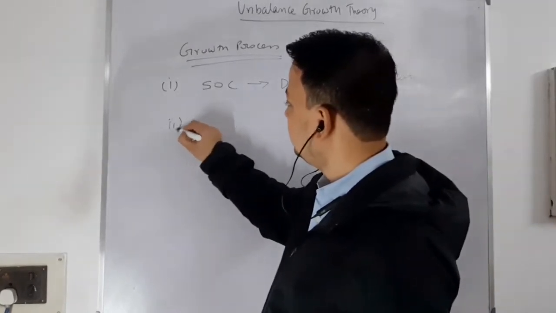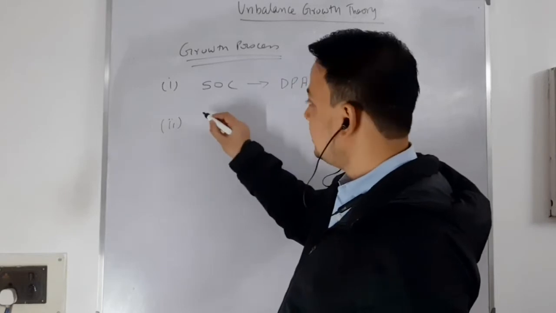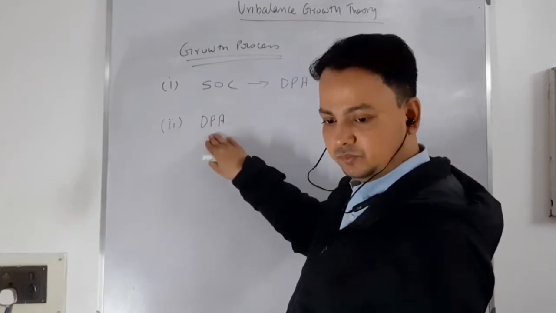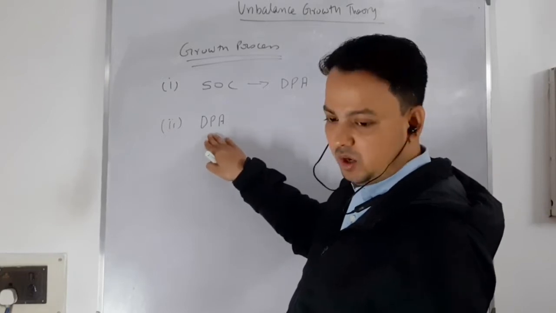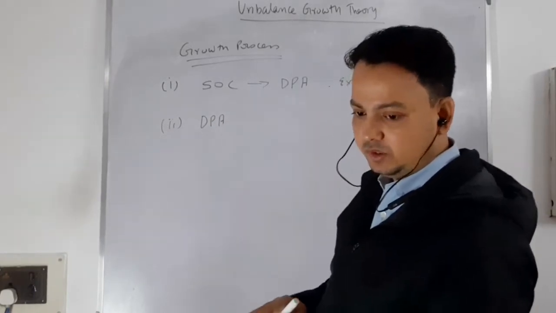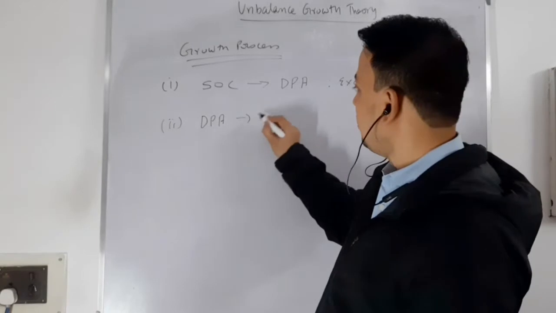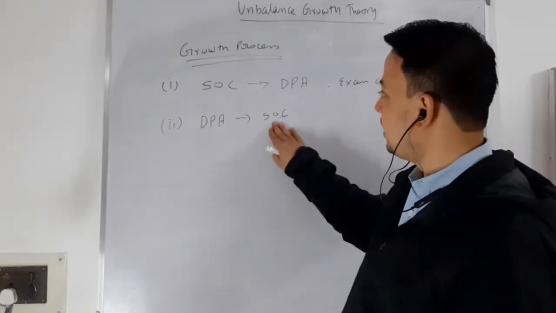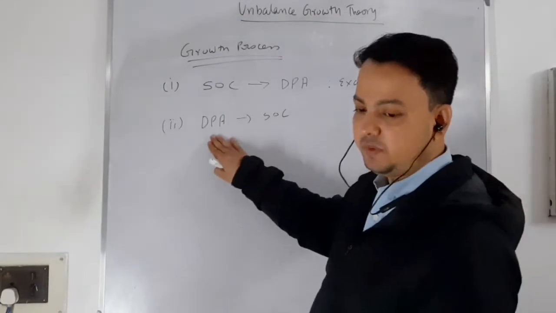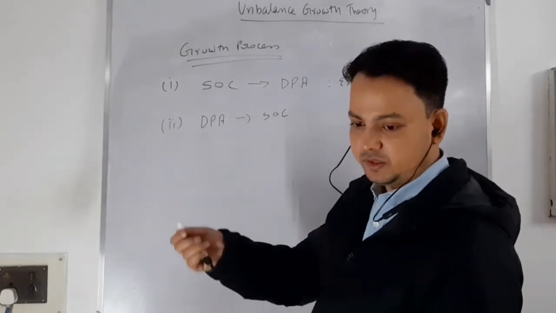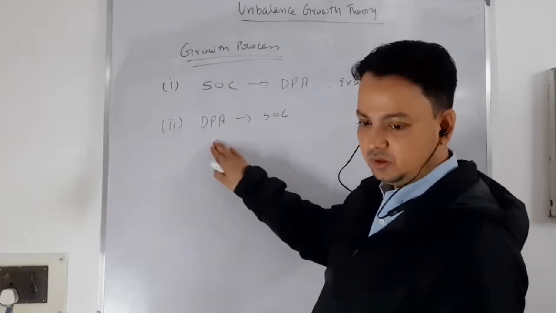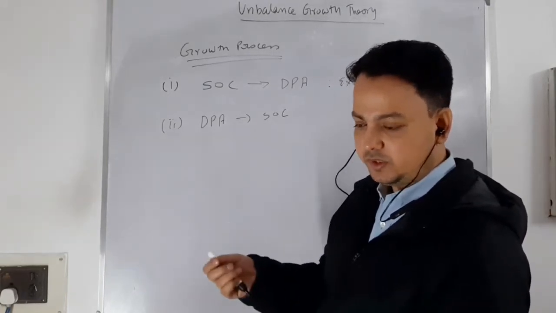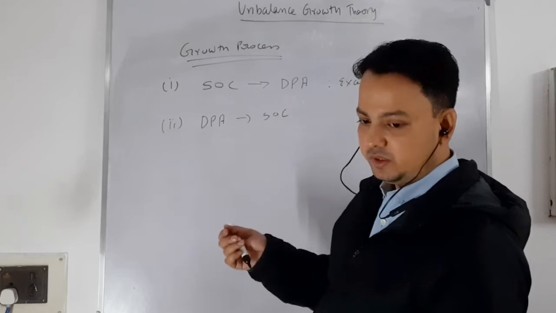Second, he is saying that we can follow another sequence. First, we are developing direct productive activity. Then based on the requirement, based on the tension, what will happen? Social overhead capital will be provided. Why will social overhead capital be provided? When direct productive activity is coming up, when you are setting up industry, there is a shortage of capacity, because you require banking facility, you require transportation, you require communication.